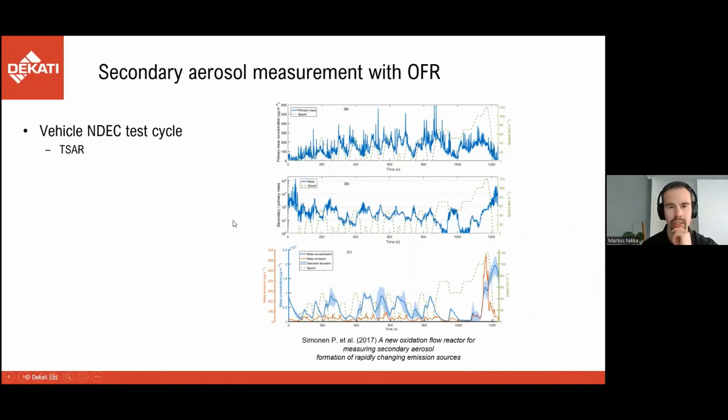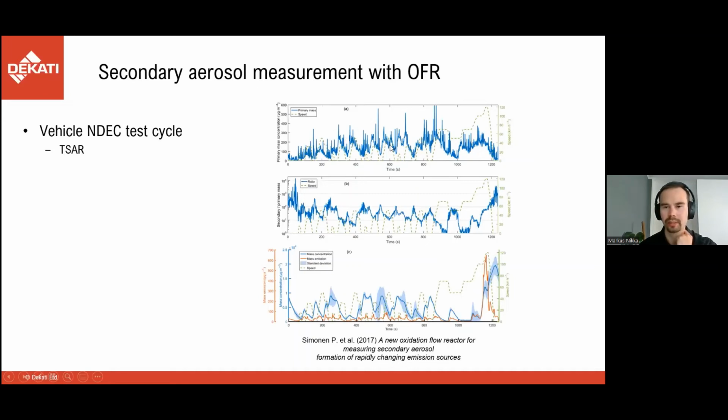Then this is from the Tampere University of Technology using the Char reactor. These are vehicle NEDC test cycles measured with the OFR. In the topmost graph, we have primary mass concentration with the blue line, and the dashed line is the vehicle speed.